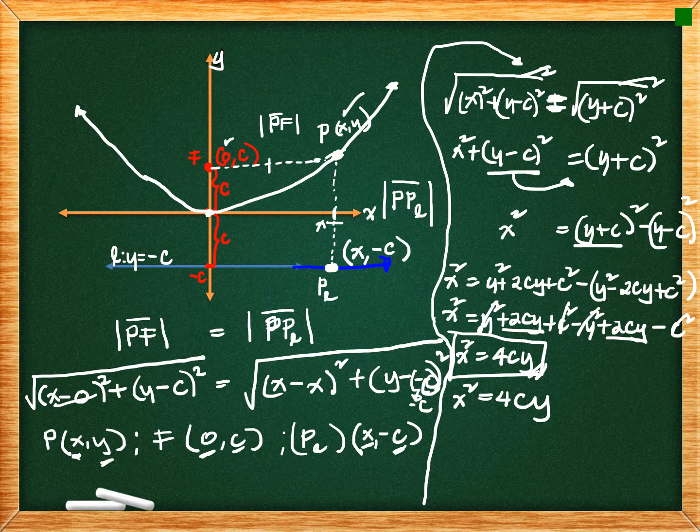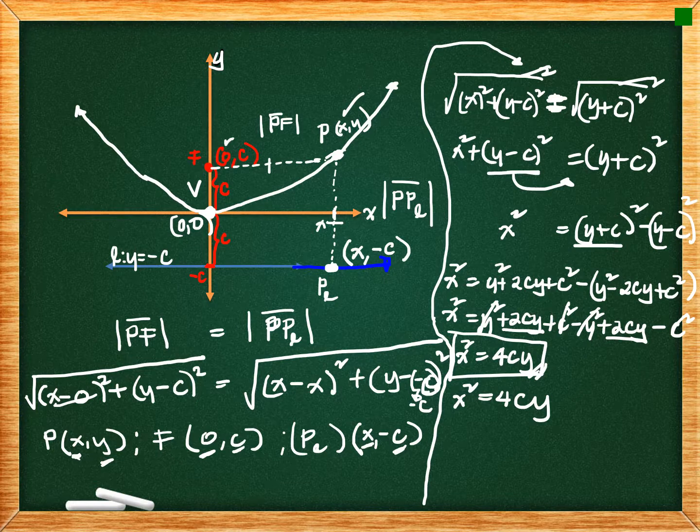Now what happens if our parabola is opening downwards? As you can see in our figure, the parabola opens upward. Okay, and the formula is x squared equal to 4cy. And this parabola has the vertex V at 0, 0. So what do you think happens when the parabola opens downward?